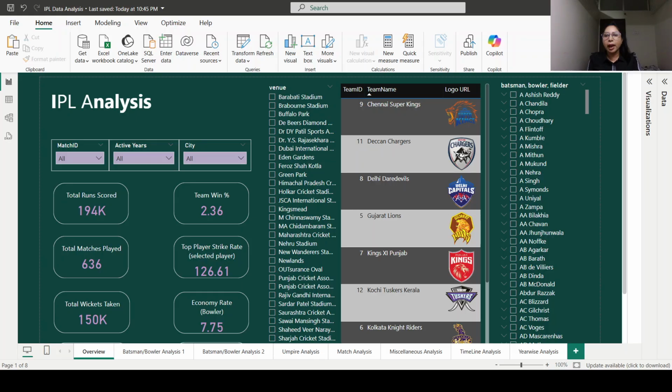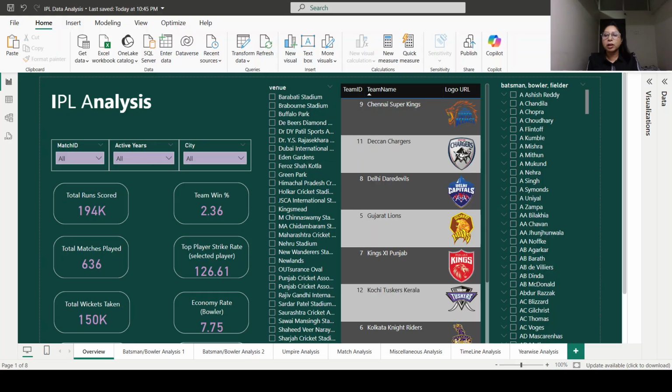Here we had IPL matches information from the year 2008 to 2017, and there were two CSVs shared for the data, which are matches and deliveries.